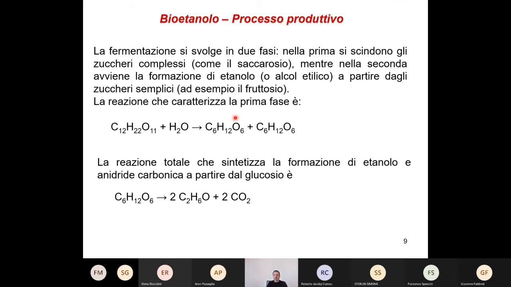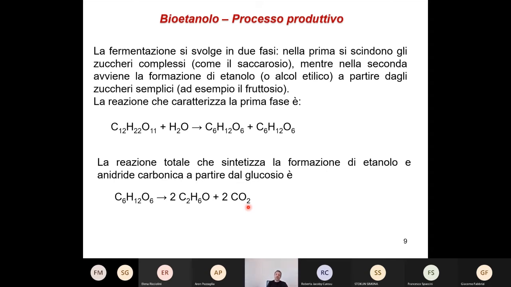This is a 6 carbon sugar, fructose, that yeast can eat to have energy and produce this kind of waste for their process, but which is our very important energy product, which is bioethanol, and of course the production of carbon dioxide, which is the final product of every process, thermochemical or in general also biological process.